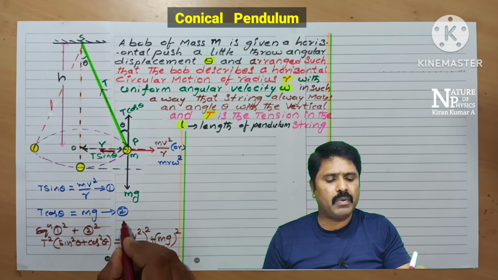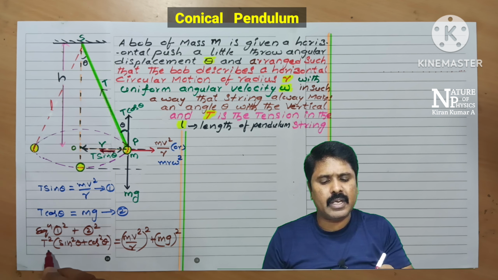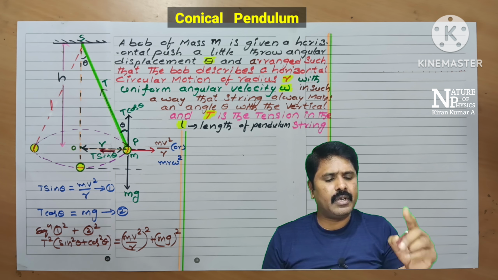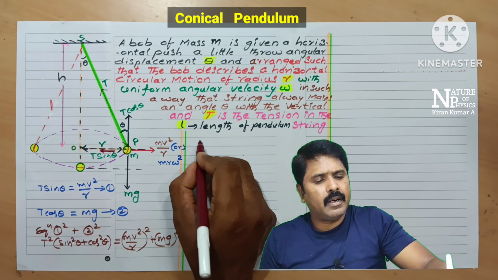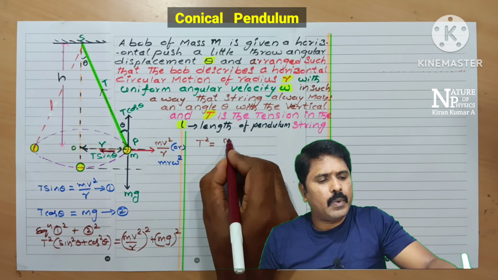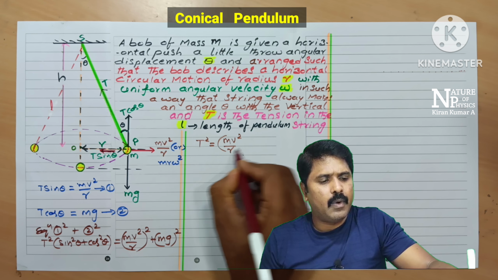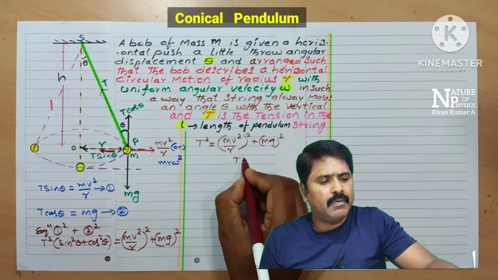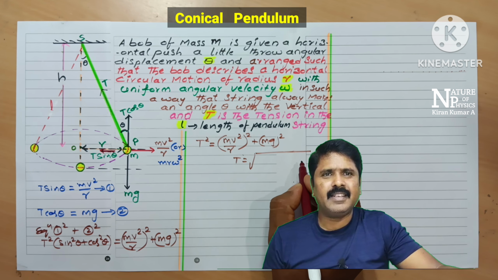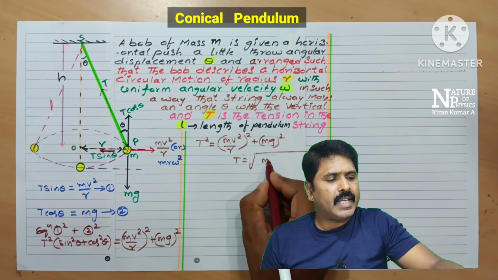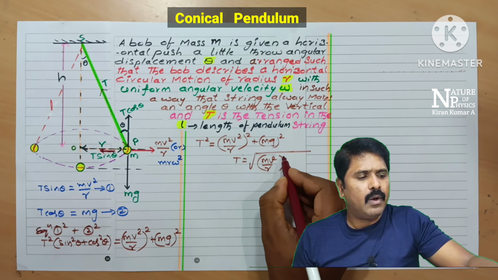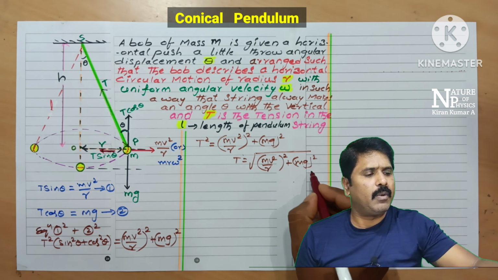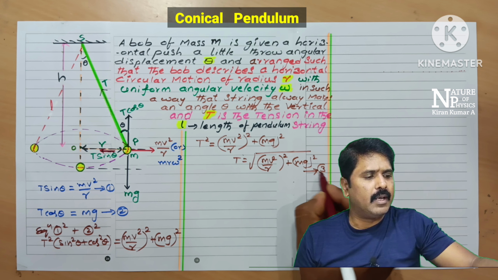On the LHS, T square is common, and sin square theta plus cos square theta is equal to 1, so we get T square equal to (mv square by r) whole square plus (mg) whole square. So T, the tension in the string, is the square root of (mv square by r) whole square plus (mg) whole square, students. Now I can write this as equation number 3.